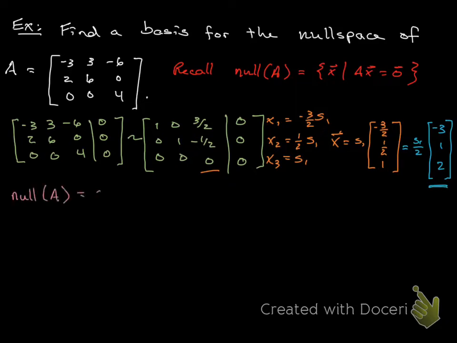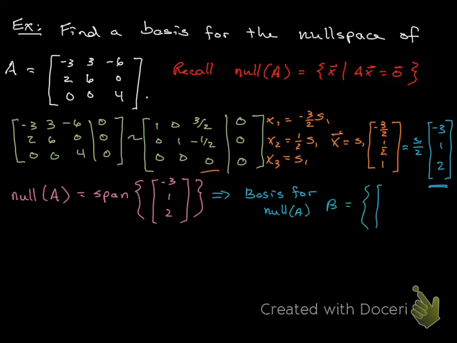The null space of A is the span of that one lone vector, and a basis for the null space of A is just that vector by itself. Now the dimension of this space is 1, because there's only one vector that forms my basis.